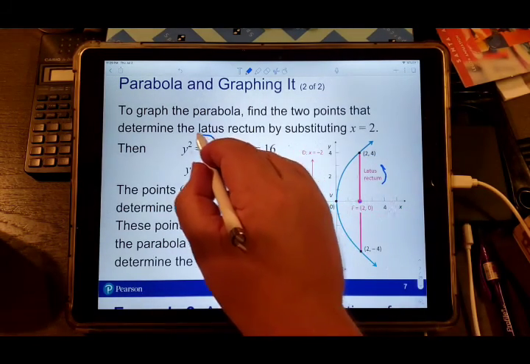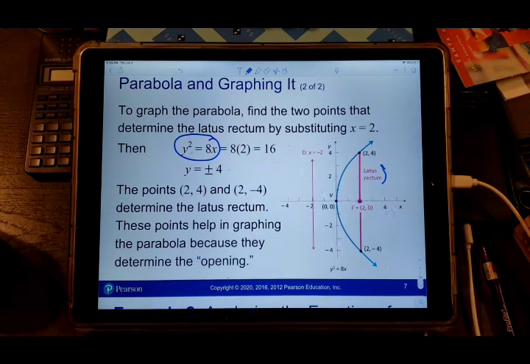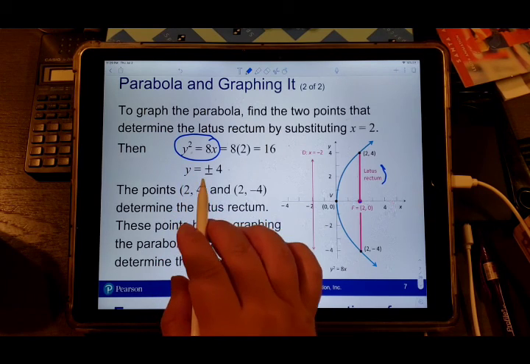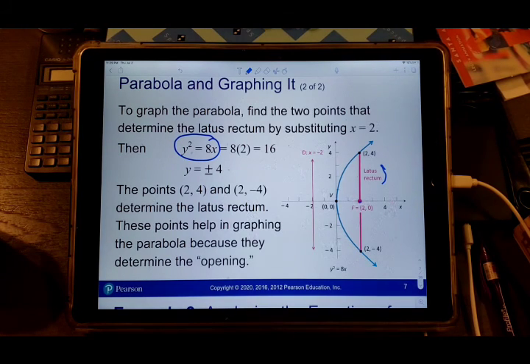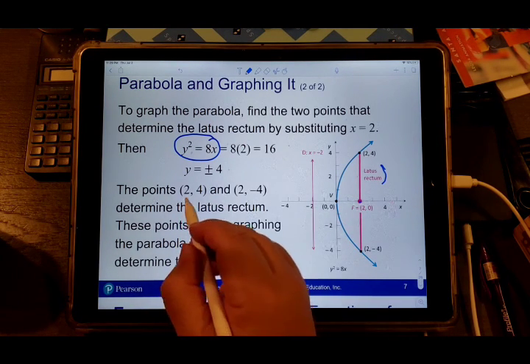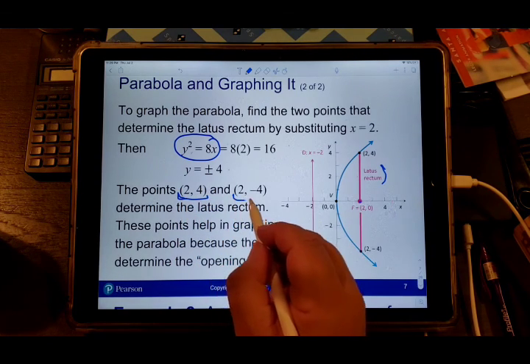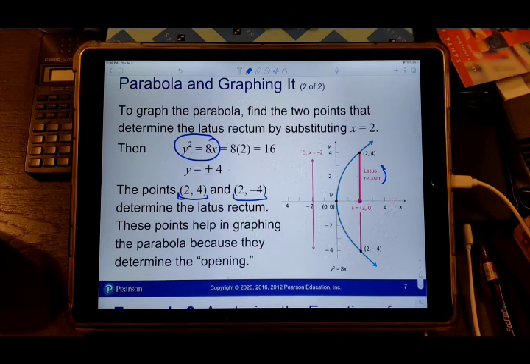So the idea is if you have something like this and you want to plot it, you can plot it fairly quickly. It looks like they're plotting points to do this. They're not doing this geometrically, but these points determine the latus rectum.